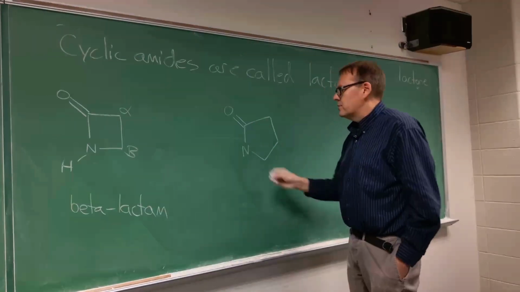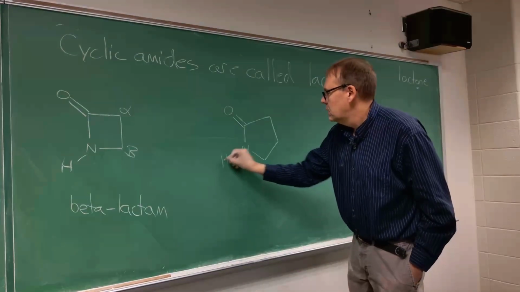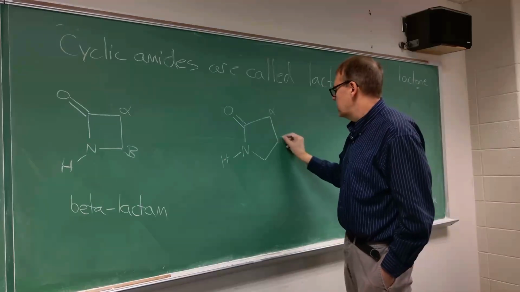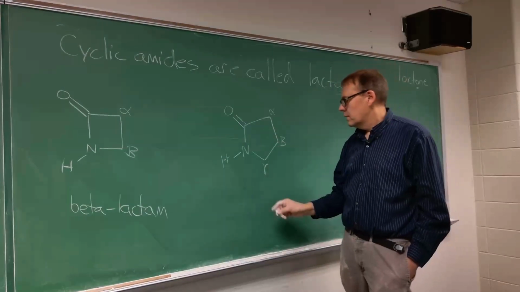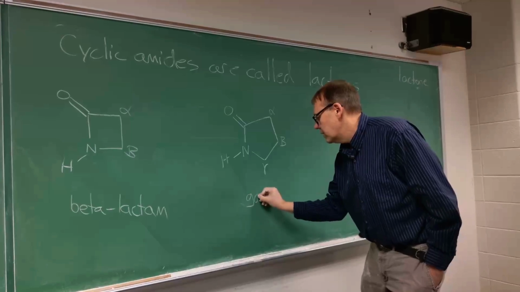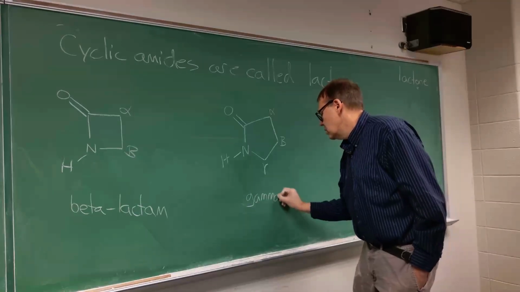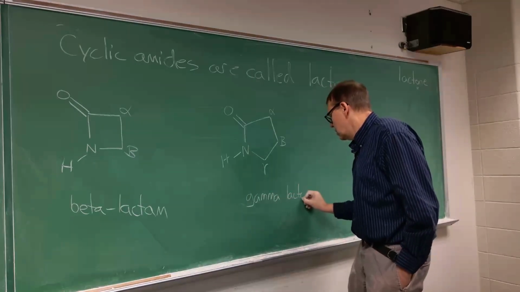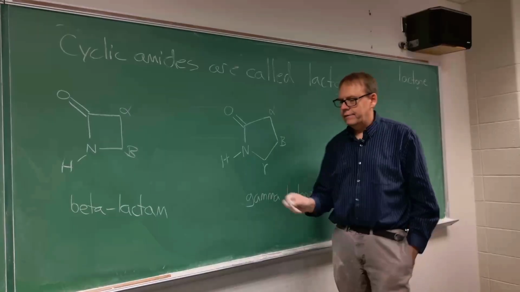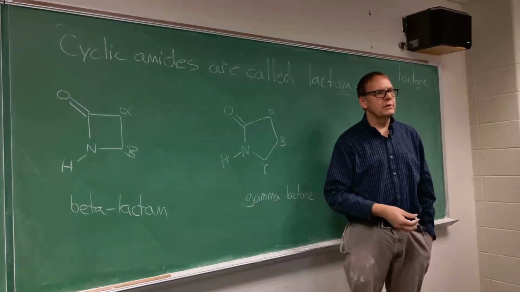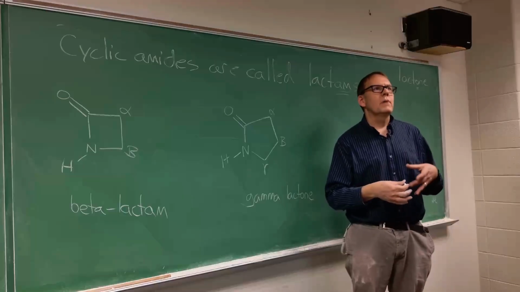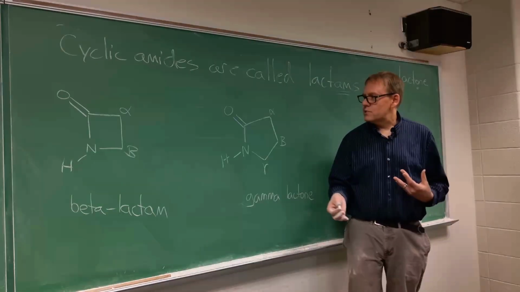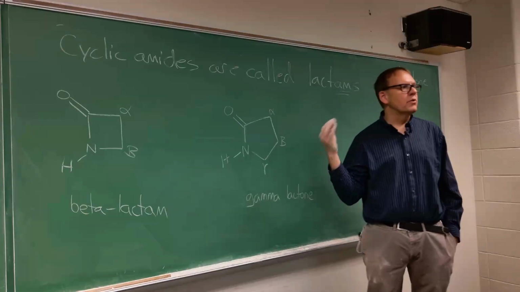Like for example, this one, if you count by letters the various positions, this is a gamma lactam. And you can get delta lactams, and there's a huge variety, but most of the time 5 and 6-membered rings are the most common.